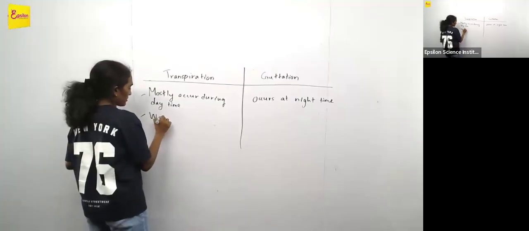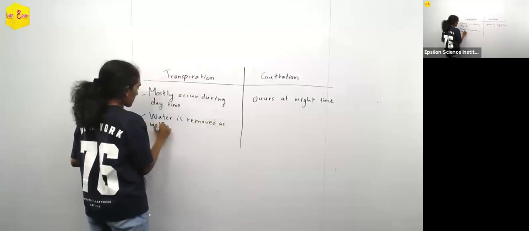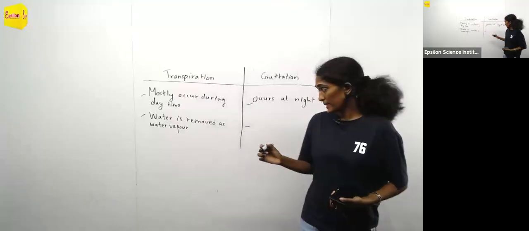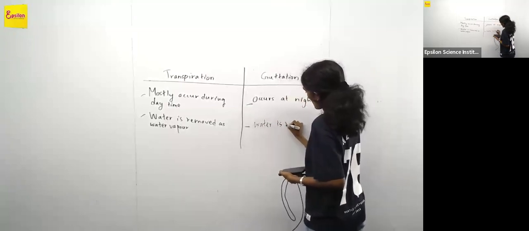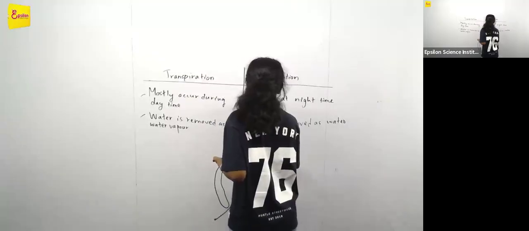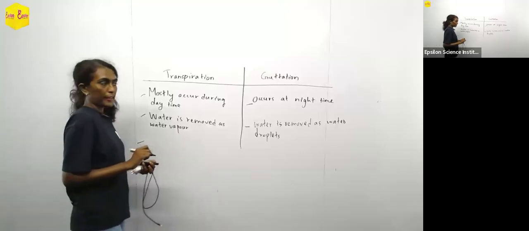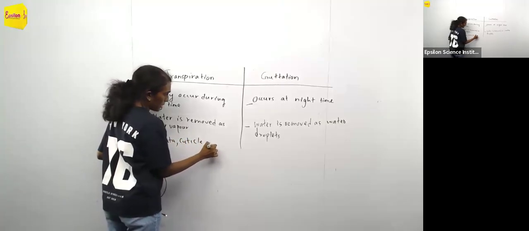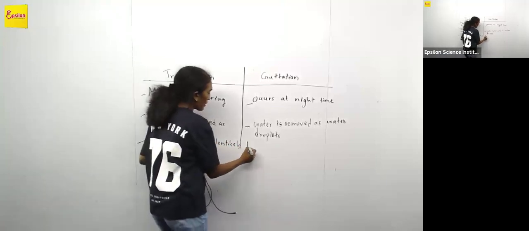Yes. Then next, water droplets. Yeah. What else? In guttation, hydathodes are involved. In transpiration, stomata, cuticle, and lenticels are involved.